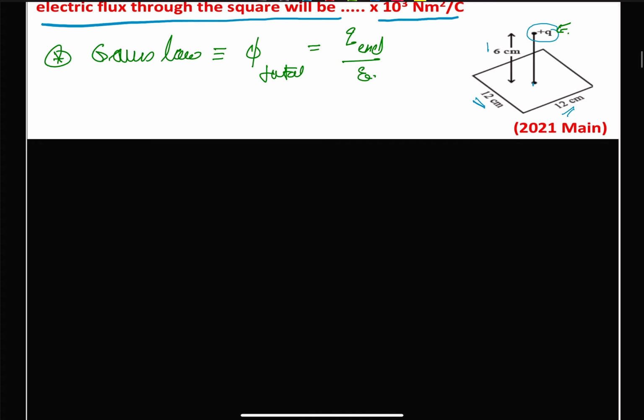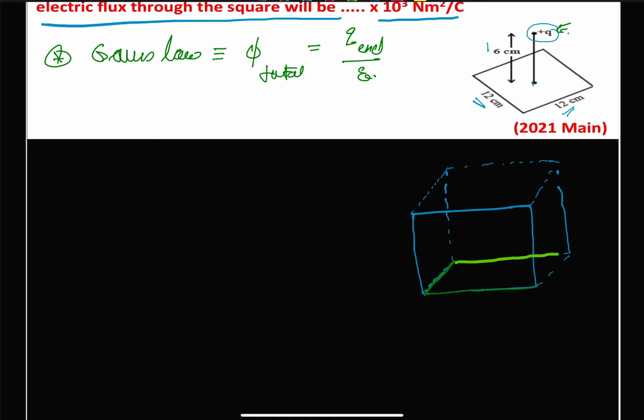So we can just draw the cube. And the basic surface that is given to us is this one, and it is 12 by 12. So this is 12, this is 12, so obviously this side will also be 12.